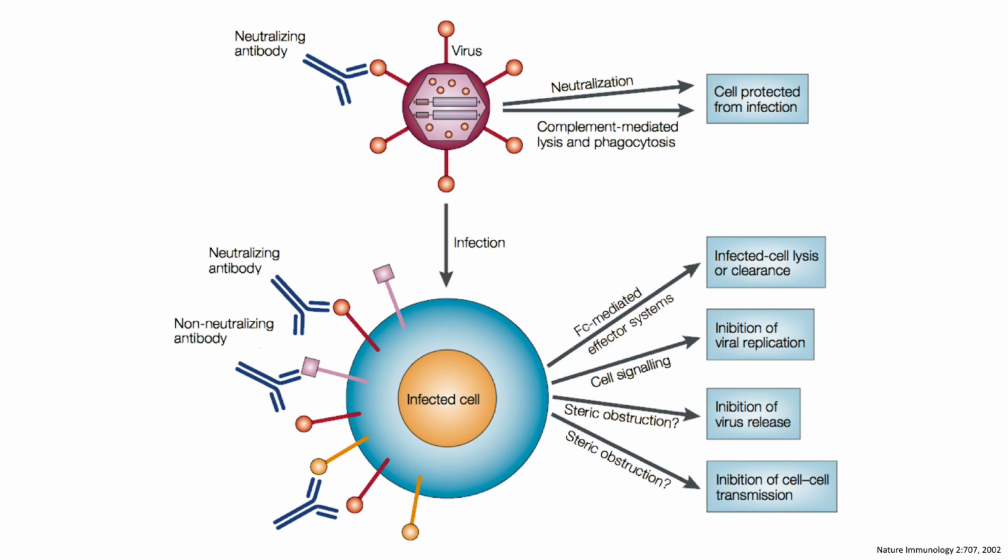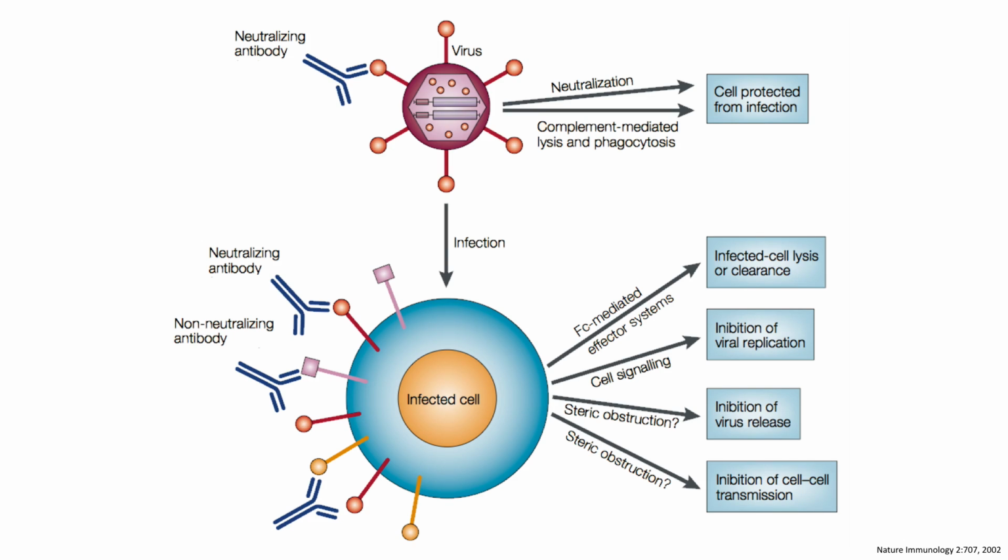So here on the top we have our virus. This looks like an adenovirus, and we have a neutralizing antibody bound to it. And in the previous slide we talked about all the ways that an antibody bound to a virus particle could block infectivity, and that's this line called neutralization here.